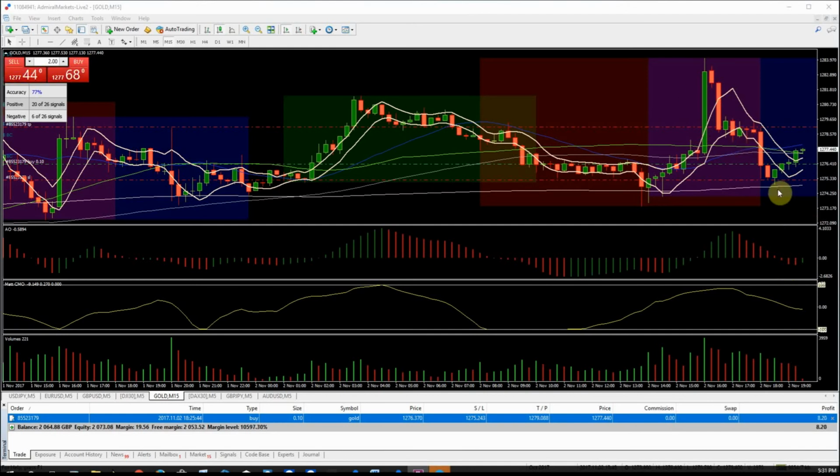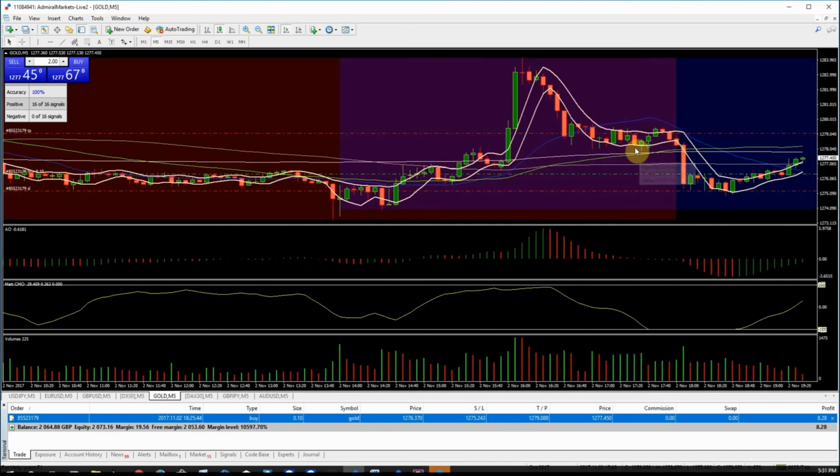So we had this loser on the gold. I think the main issue was, at the point when I got in here, the histogram was negative, but it was only just negative, and the better entry would have been, obviously, as you can see down here. So unfortunately, it was more of an entry issue.